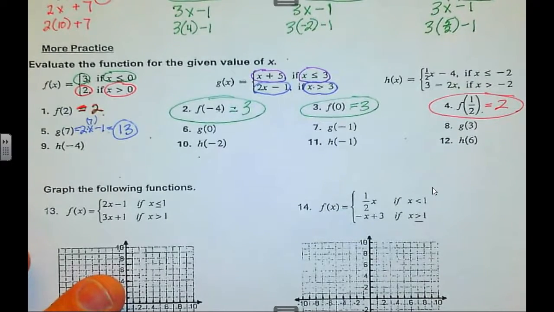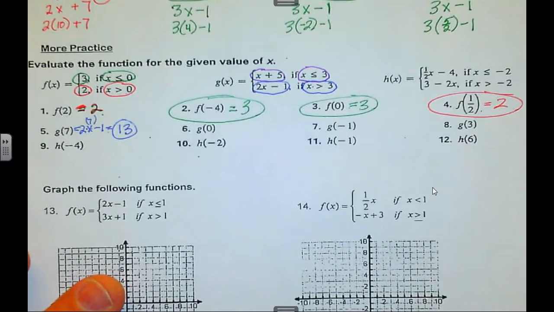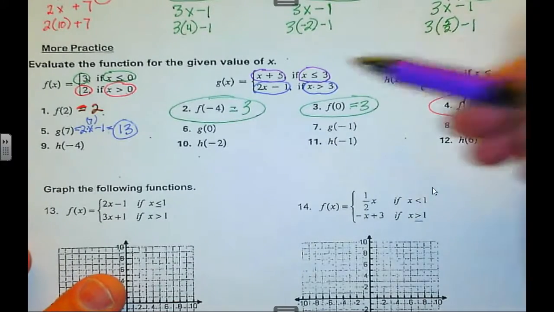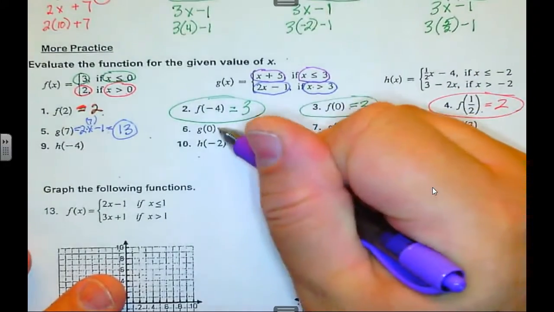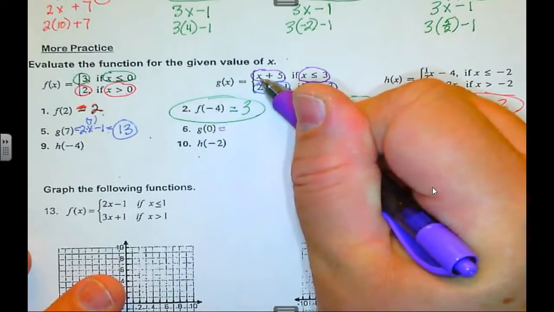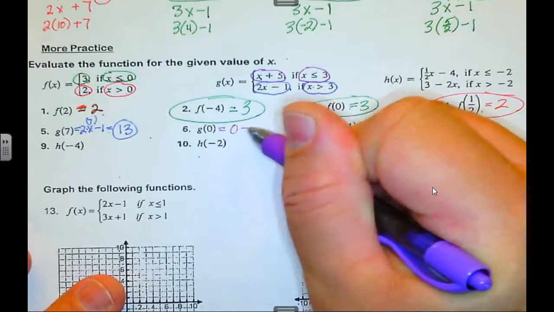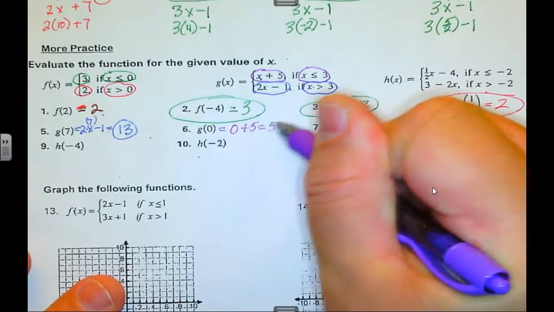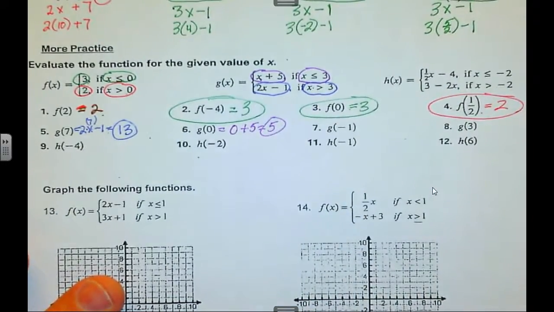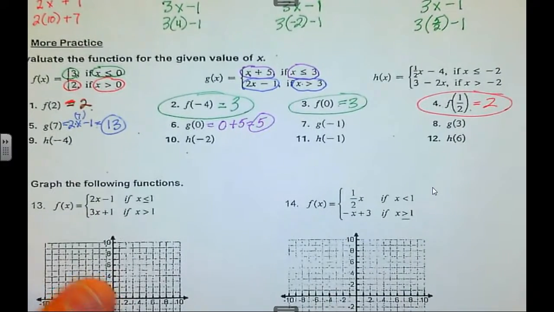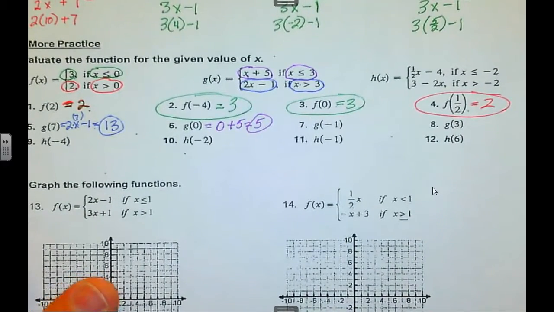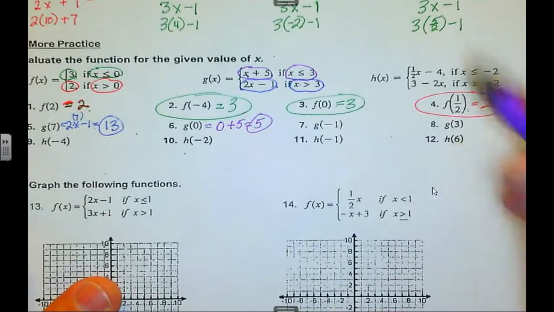How about g of 0? Top one, because it's less than or equal to 3. So I'm going to substitute in 0 for x. 0 plus 5 is 5. How about -1? Top.